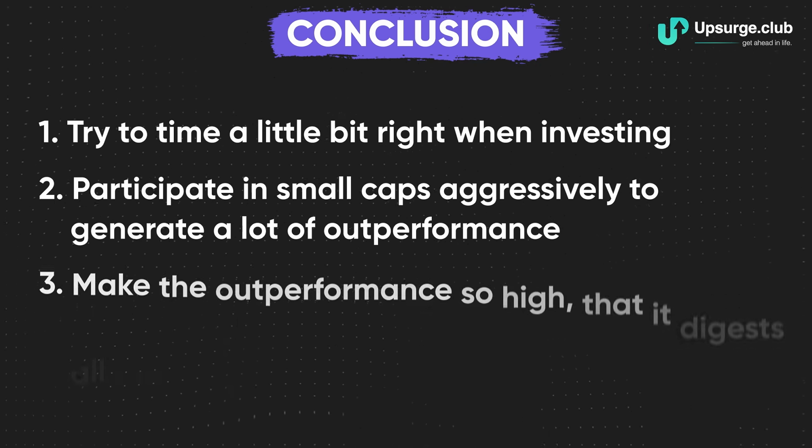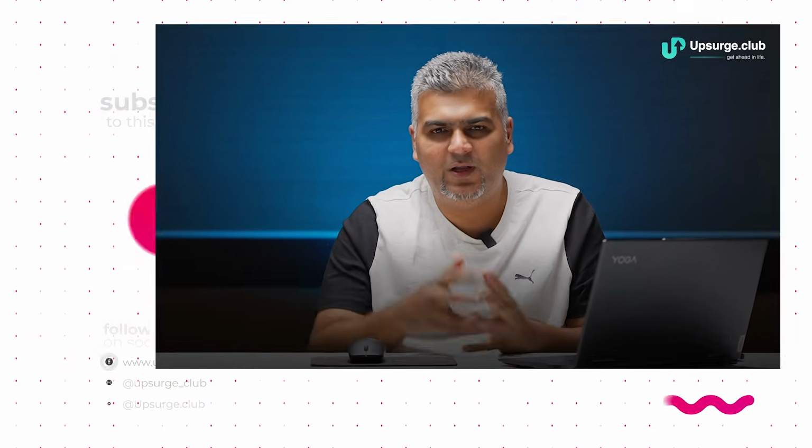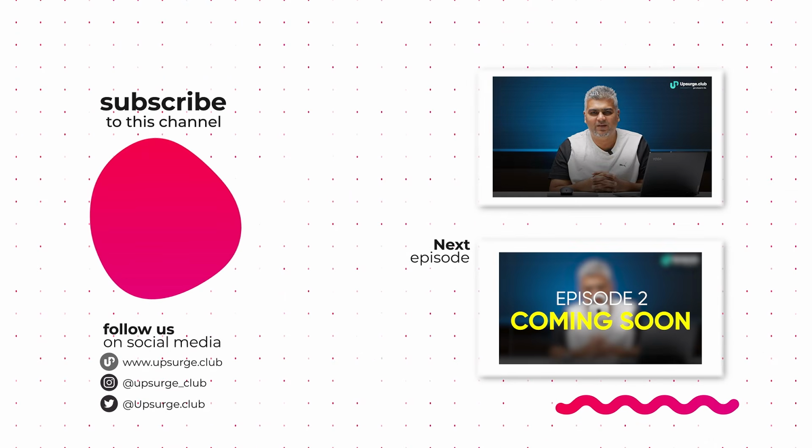So that outperformance is pretty high and it can allow you to digest all the bear markets in the interim. Rest, we can always optimize all this via allocation. So simply put, what are we trying to do? Get into small caps and get in at the right time. And that is the best combination you can get. We'll see further when to buy small caps and how to buy small caps as we cover in the sections going forward.